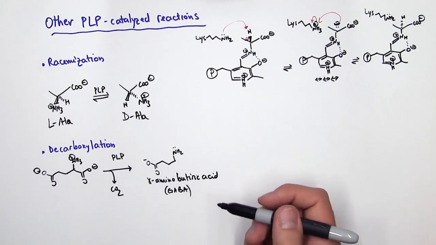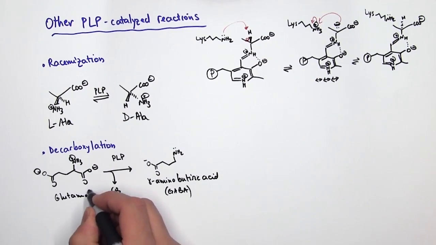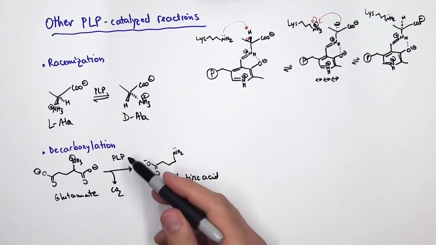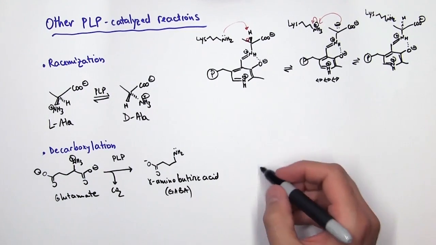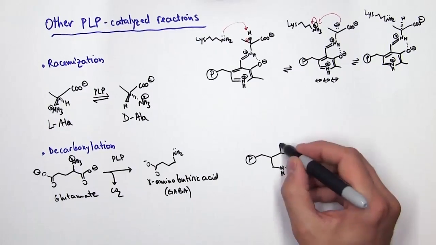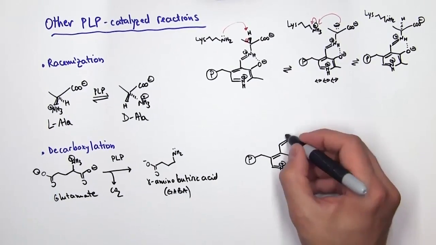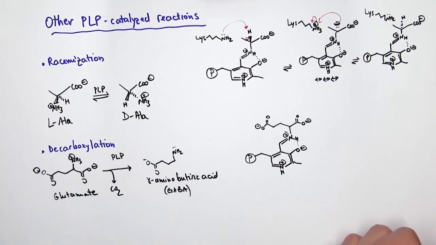As always, as we've seen so far, the glutamate will react with PLP bound in the active site of the enzyme to form a Schiff base. Here is the Schiff base.